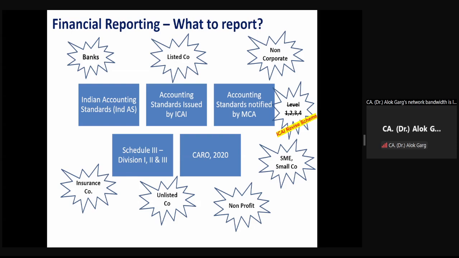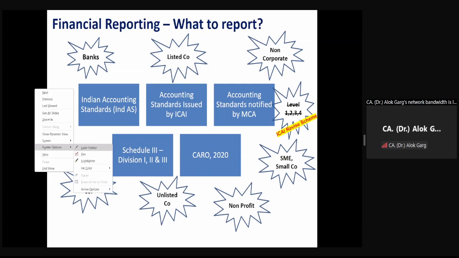So the auditor needs to take these things into consideration, that we are in a country where there are three kinds of accounting standards. Number one, Indian accounting standards. Number two, accounting standards issued by ICAI. Number three, accounting standards notified by the Ministry of Corporate Affairs, right?